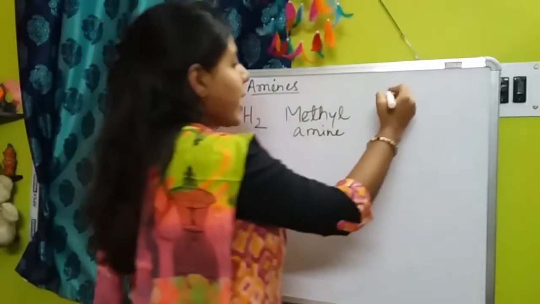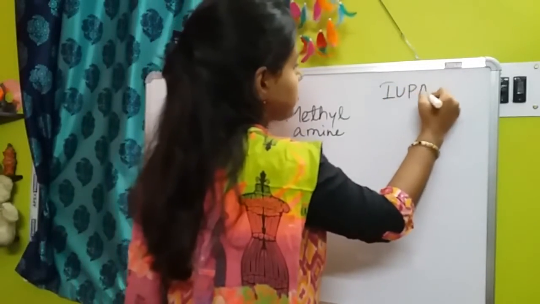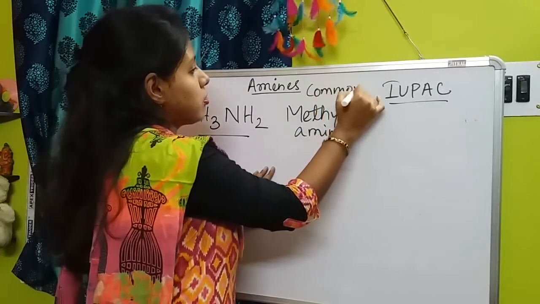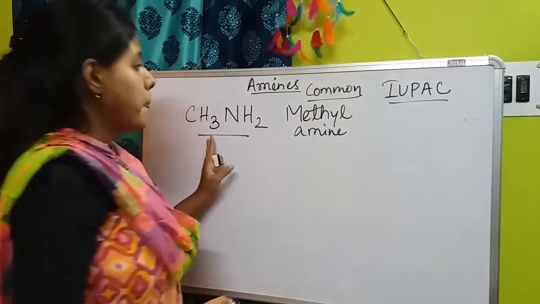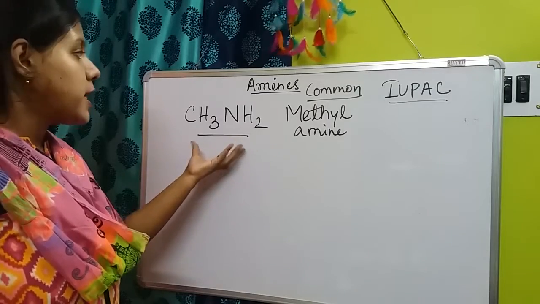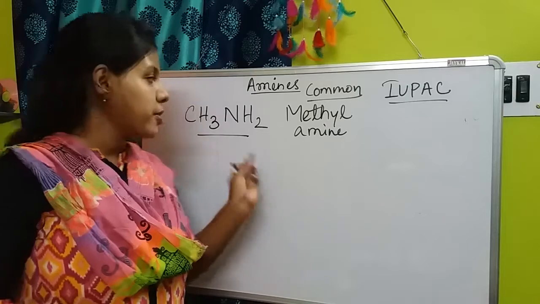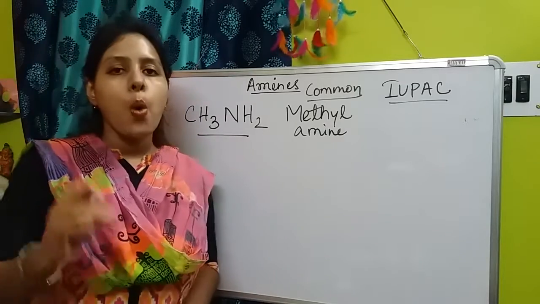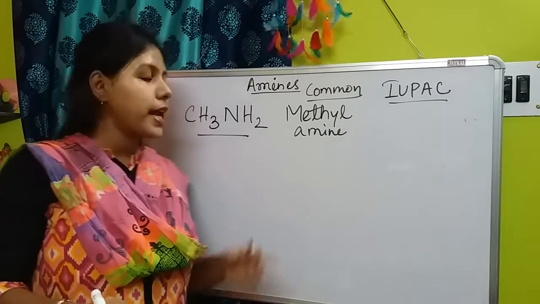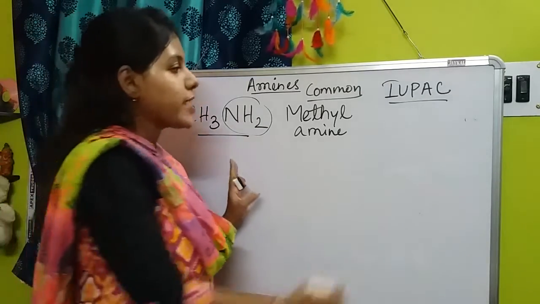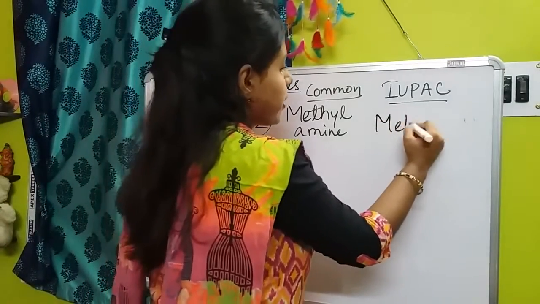And when you are writing the IUPAC name, then you have to write methane, as this type of compound is coming from methane, right? By replacing one hydrogen atom of methane with this NH2 group, we are getting this product.